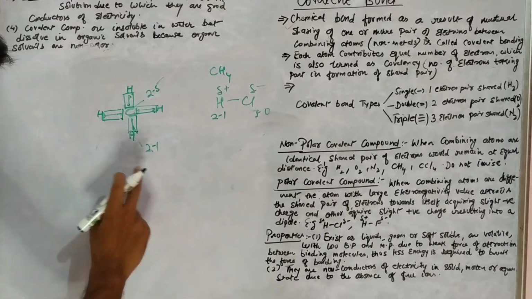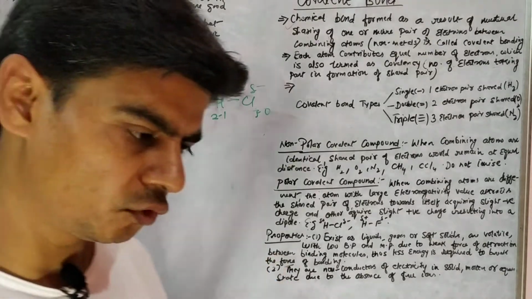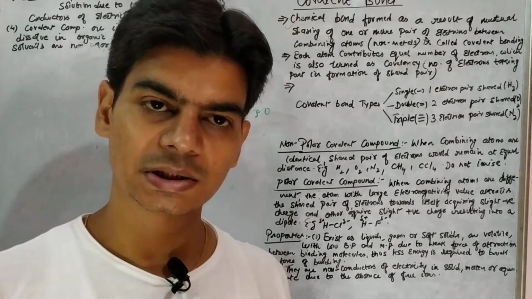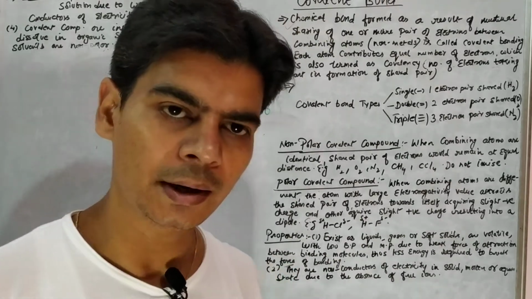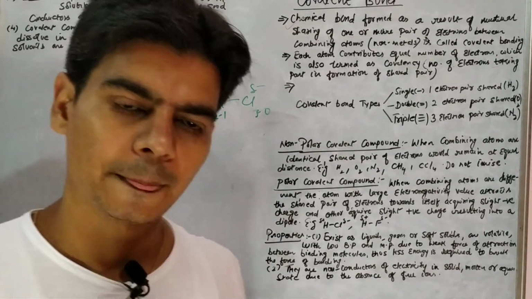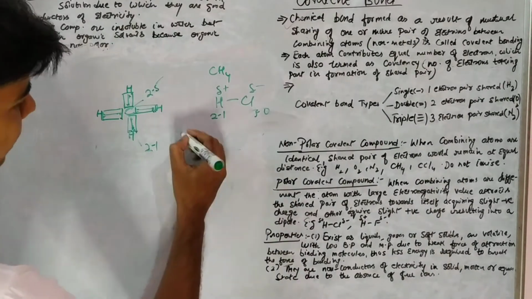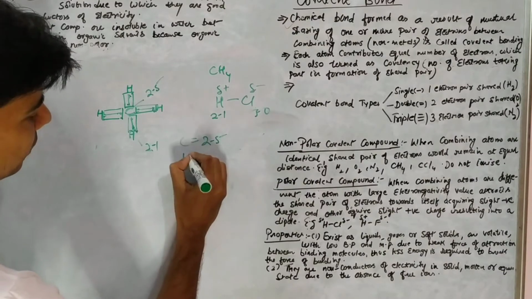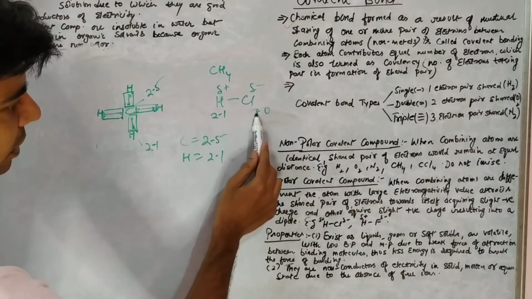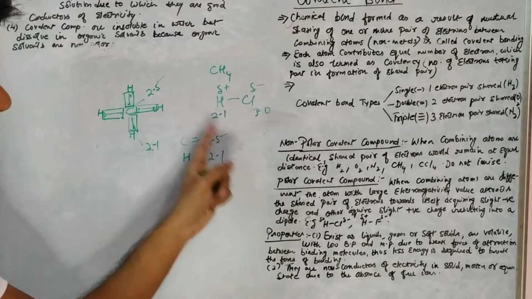This methane molecule is formed of different non-metals, carbon and hydrogen, but still it is not a polar molecule. Why? Because the electronegativity difference between carbon and hydrogen is very small: carbon 2.5, hydrogen 2.1. Whereas in the case of HCl it was 3.0 and 2.1. The electronegativity difference was high. That is why HCl was a polar molecule.